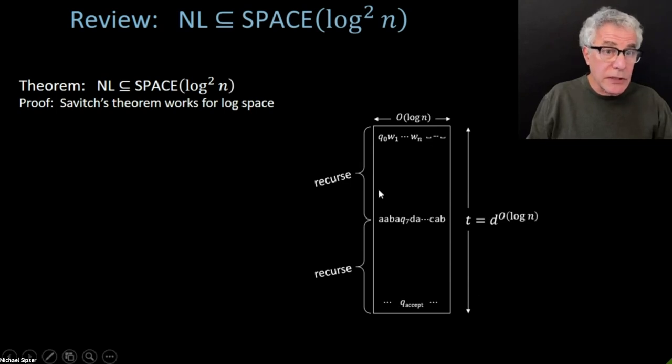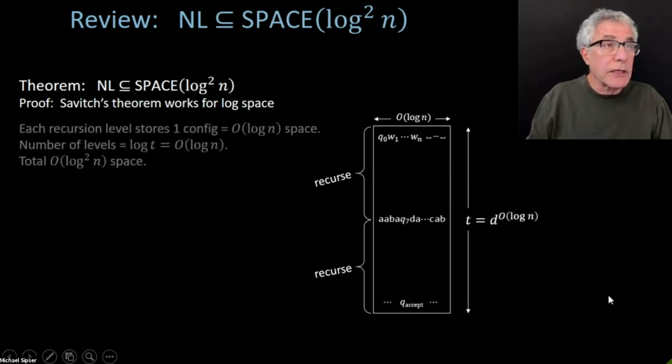So this would be what the tableau would look like for an NL machine. And then you can simulate that in the same way by trying all possible intermediates and then splitting it, doing the top half and then the bottom half, reusing the space, of course, recursively.